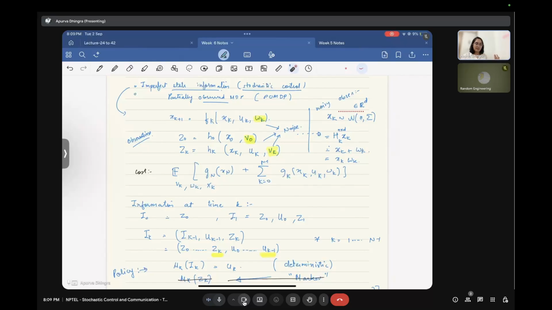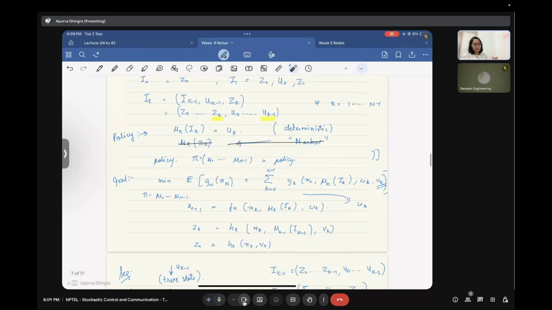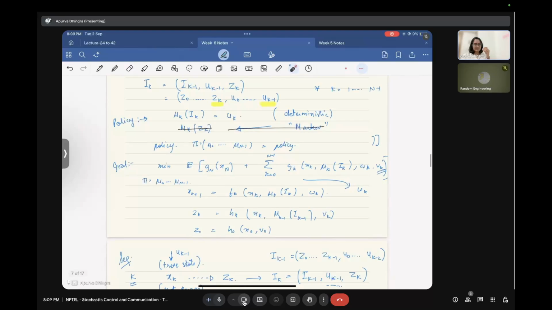Since we don't have that by default, we can't use only one piece of information and discard all the previous observations. That is the reason that in POMDP type problems, it's typical that you look at the full range of I_k, the information available.